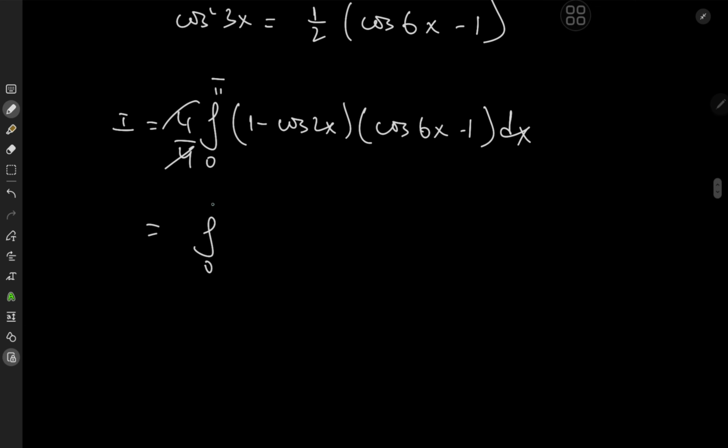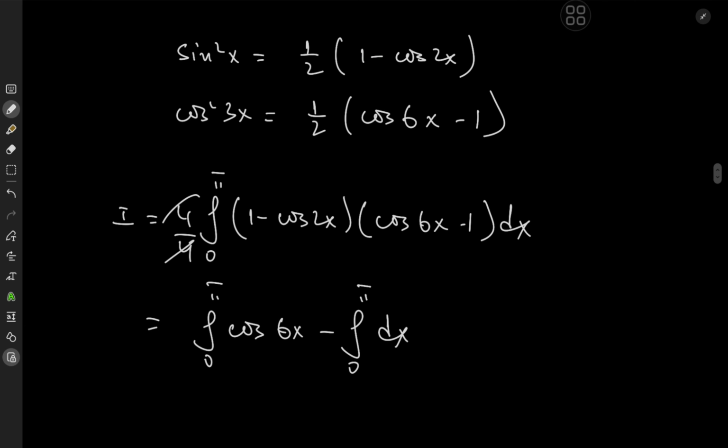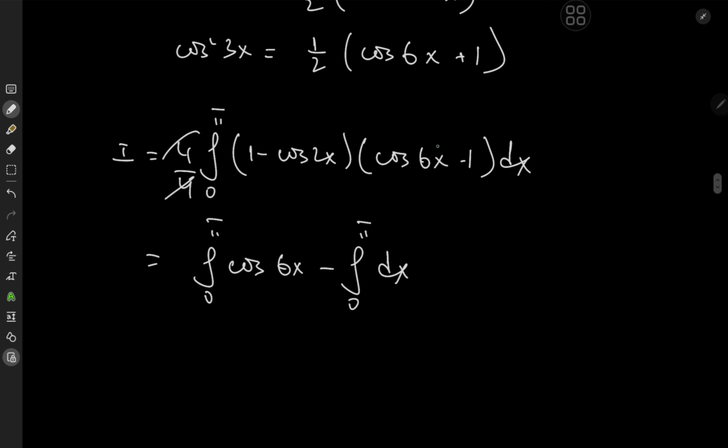So this thing sorts out to the integral from 0 to pi of cosine 6x minus the integral from 0 to pi of dx. And then we have, that's not right. I should not be getting that. Oh, of course. There you go. Much better. Terribly sorry about that once more.